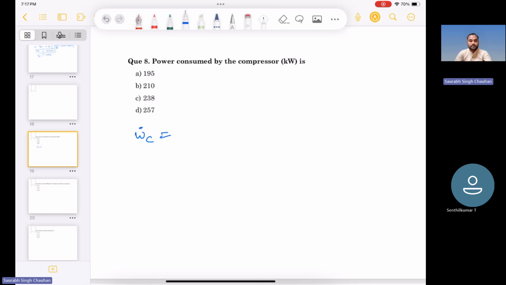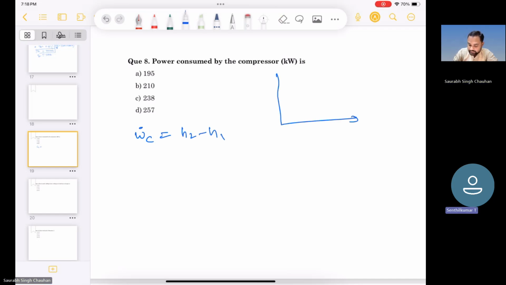What it should be? We know the temperature at the inlet of compressor and the outlet of compressor. Hello? Sir. It should be simply H2 minus H1, right?